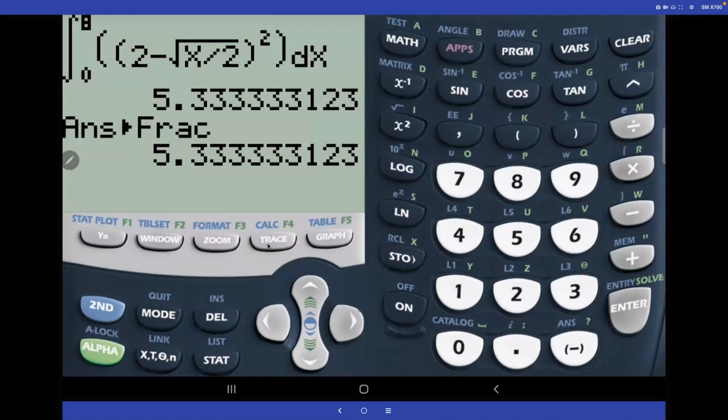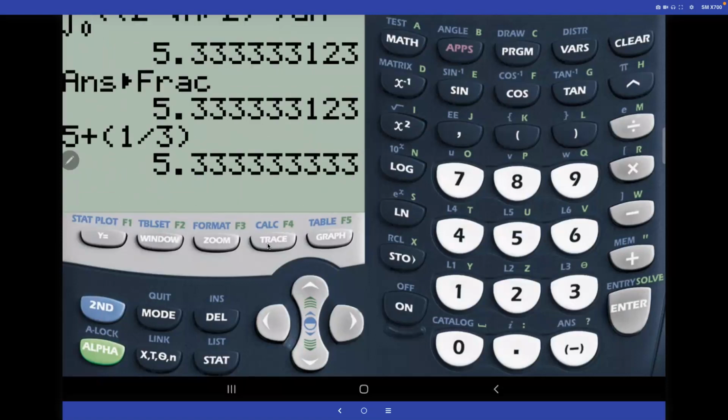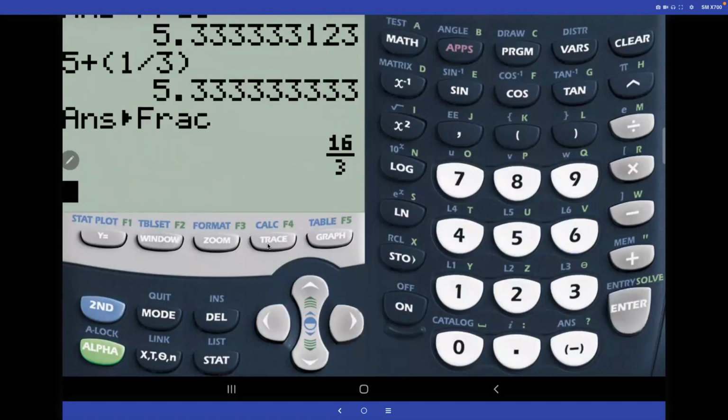I know that 0.3 repeating is 1/3. This one's easy enough, 5 1/3, that's 16/3. If it's one of those ugly numbers that you can't just do in your head, you can do 5 plus 1/3, get that on the calculator and then change to fraction, and it will do that one.